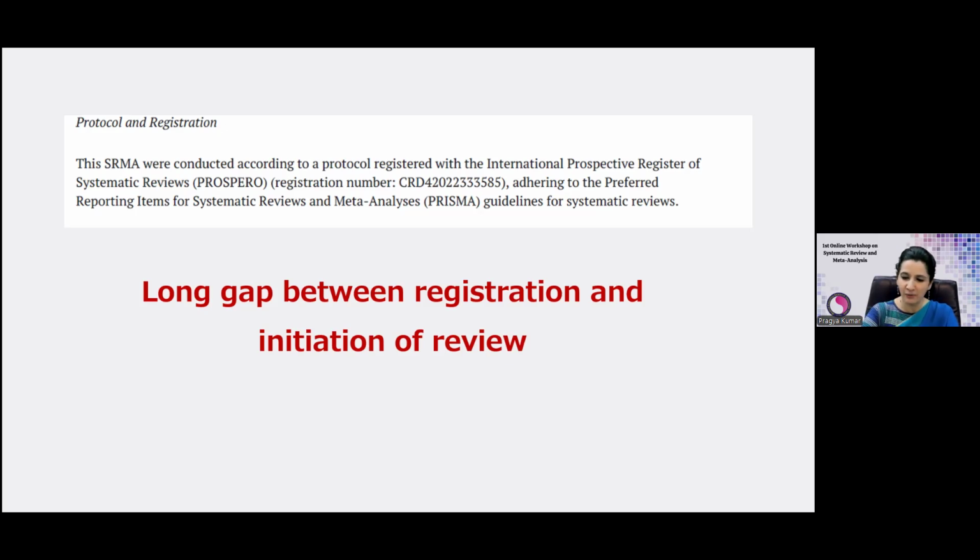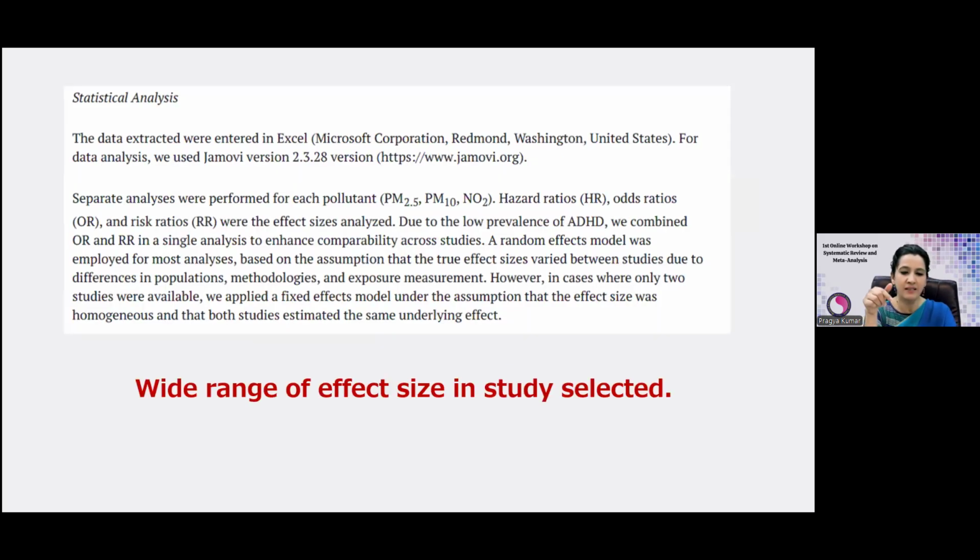And then there was a wide range of effect sizes in the selected studies. Many people gave the outcome as a standardized mean ratio. Many authors gave it in the form of a hazard ratio. Many authors gave it in the form of a relative risk. A few gave it in the form of an odds ratio.